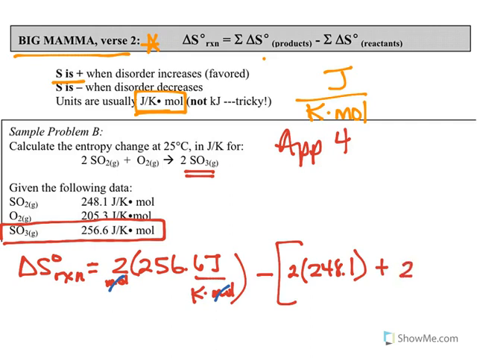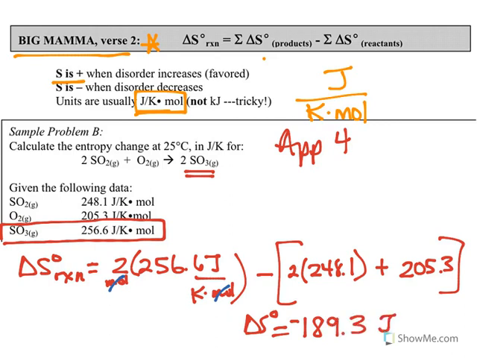It has a coefficient of 1, so I don't need to multiply by anything, so plus 205.3. If I do the math, you will see that we have a delta S of negative 189.3, and that is joules per Kelvin.